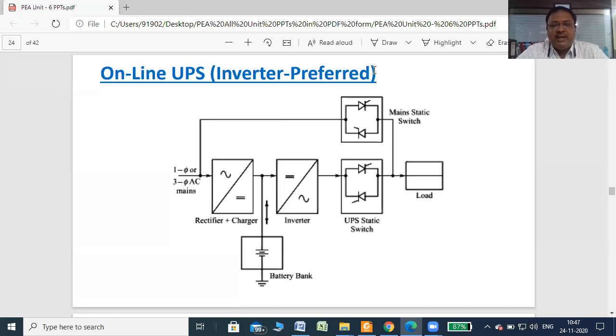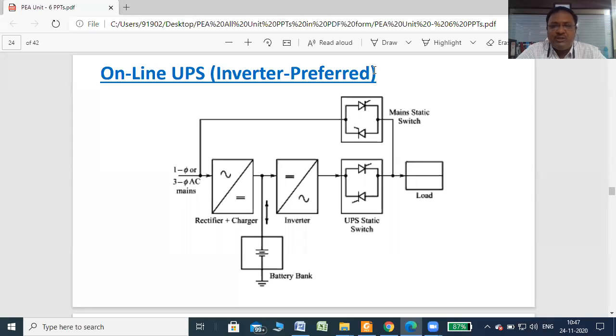Then the second mode, when AC fails, the DC voltage from the battery bank is applied to the inverter, because the battery bank is fully charged through the rectifier and charger when mains is present. So the battery DC voltage is applied to the inverter, converted into AC, and through the UPS switch, the load is fed. This is the second mode.